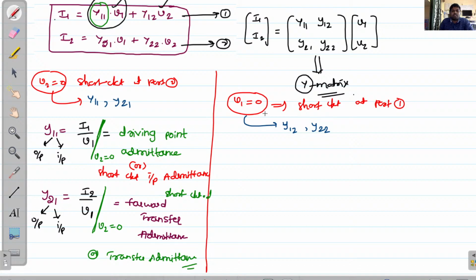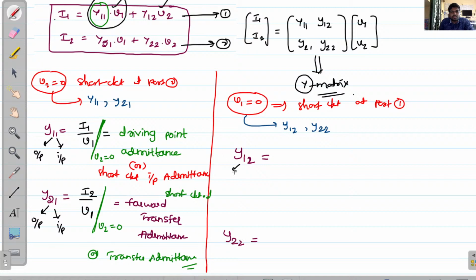And the same thing you can apply for port 2. By making v1 equal 0, you will get y12 and y22. y12 equals I1 by v2 and y22 equals I2 by v2, right?